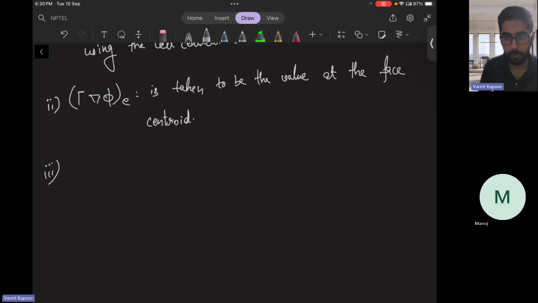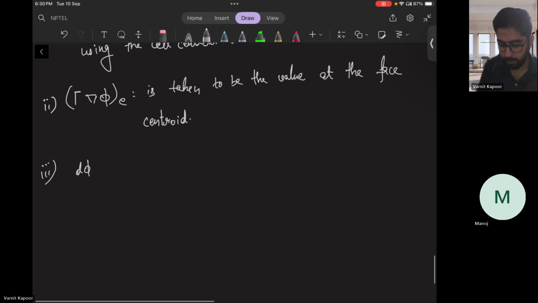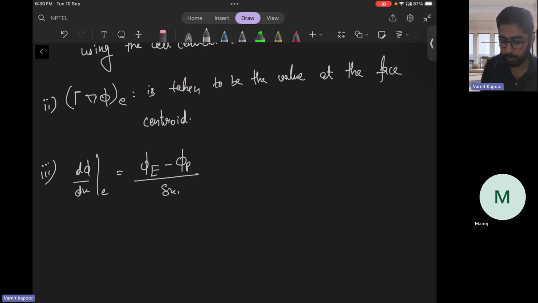So one mean value approximation and gradient approximation has happened. Then you say dou phi by dou x of east, you write it as phi of east minus phi of P over del x of east. So it is a linear profile assumption you make here.